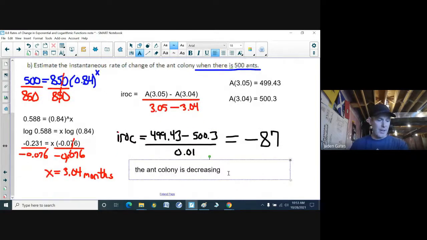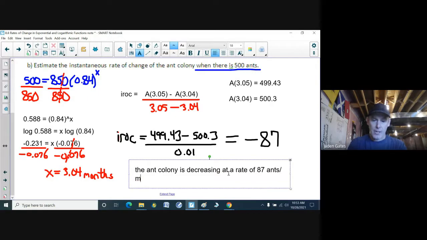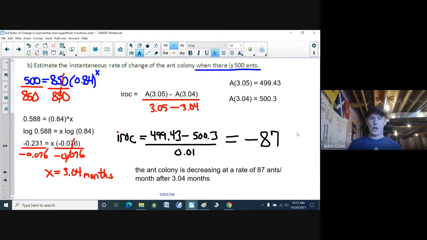But specifically, the amount is decreasing at a rate of 87 ants per month, since time is in months this time, after 3.04 months. There we go. So in this situation, we actually had to find out what the time was for the instantaneous rate of change before actually figuring it out.